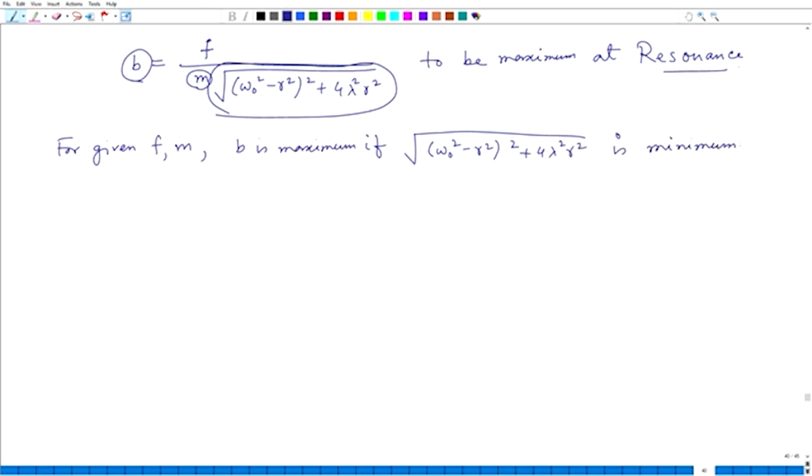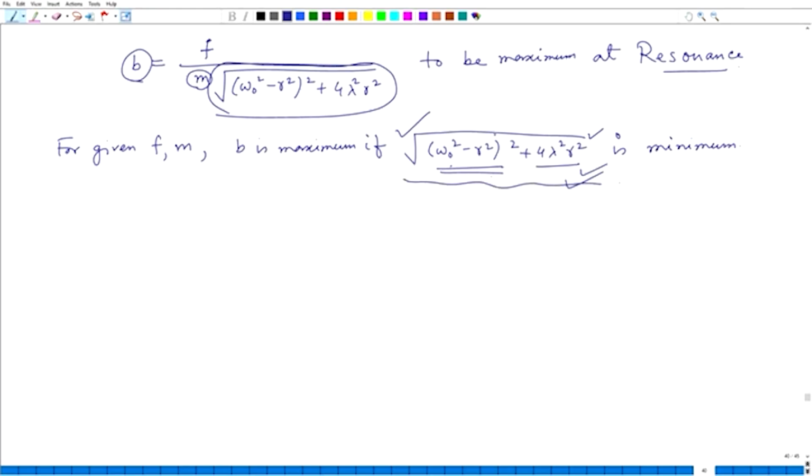Now, there is a very common trap where the students may be trapped. The trap is that at this point you can think, so what is the minimum value? This is the sum of two perfect squares, and it can have a minimum value when this one is 0, and that means for omega 0 equal to gamma you have the minimum value of this whole expression.